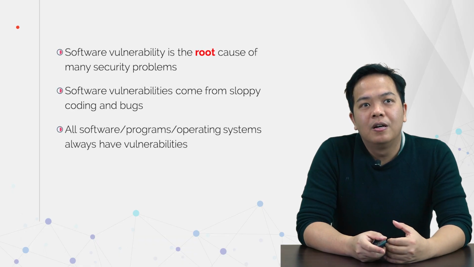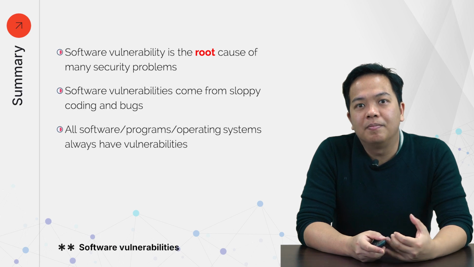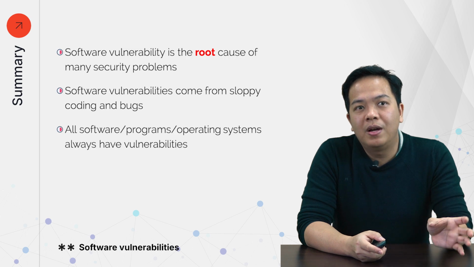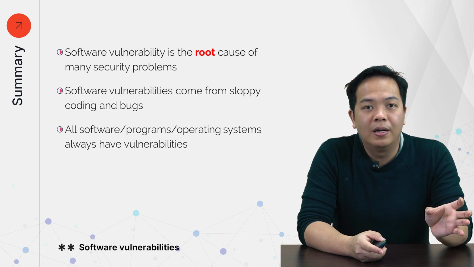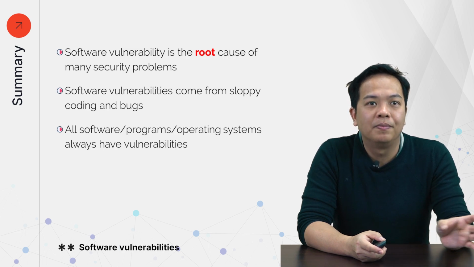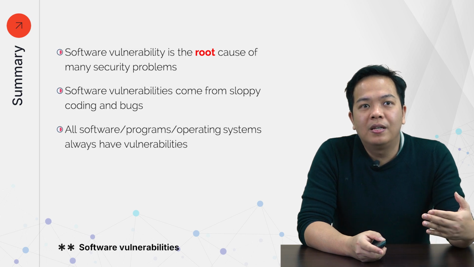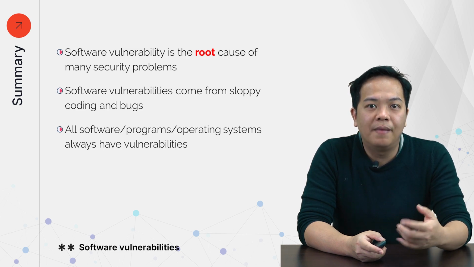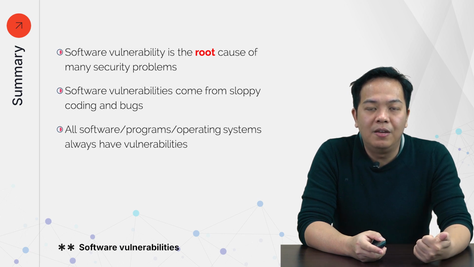Okay, so about today's lesson, we already talked about what vulnerabilities are, and we saw that software vulnerability is the root cause of every security problem. Software vulnerability can come from sloppy coding, from bugs, from flaws, from some defects or some weaknesses.